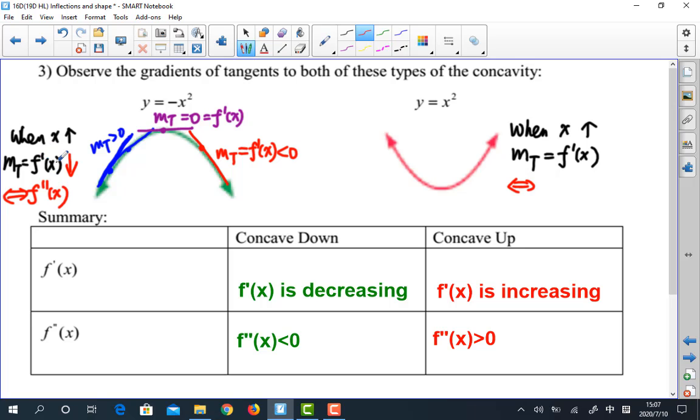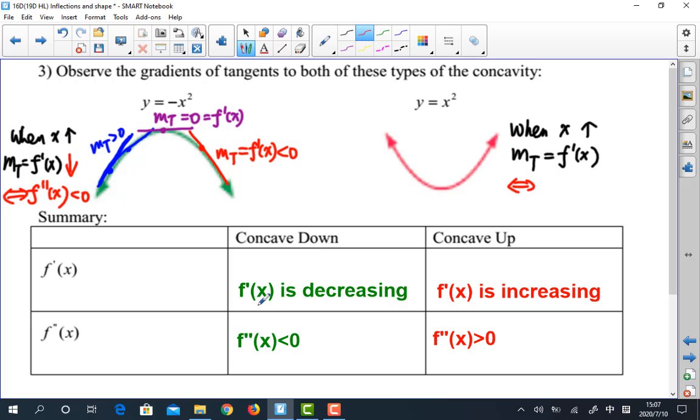But the derivative of this first derivative function, don't you think it becomes the second derivative function? So the second derivative function should be less than 0.